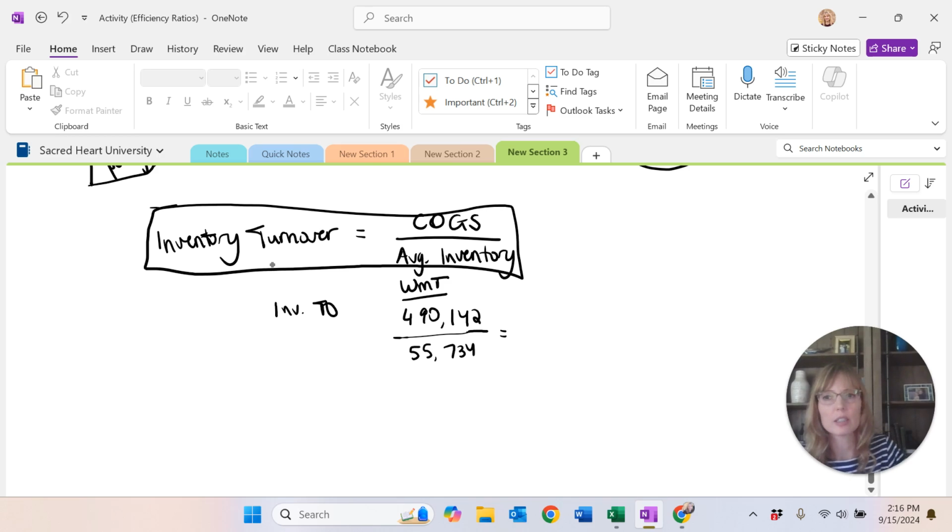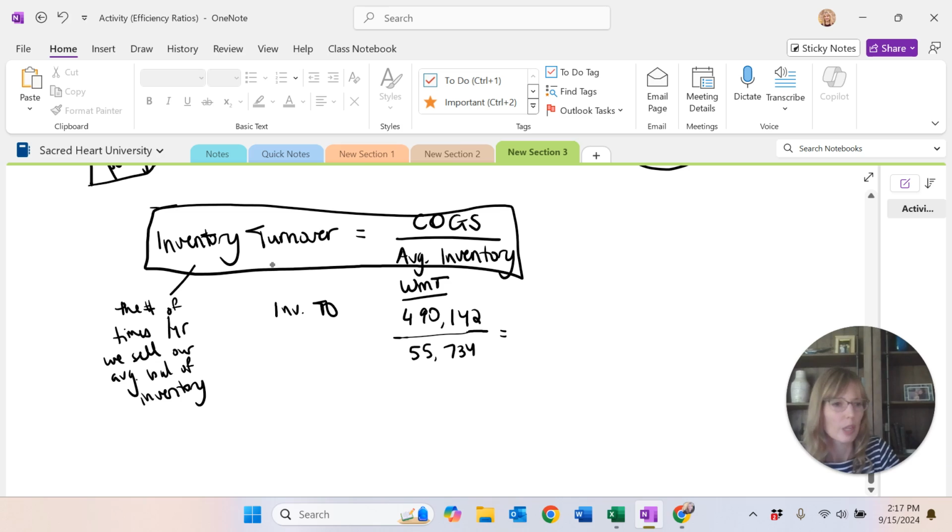So how many times a year is inventory turnover can be explained as the number of times a year, because we're looking at annual cost of goods sold, per year we sell inventory, or the average balance of inventory. And for Walmart, this works out to be 8.8. We sell our average inventory balance about 8.8 times.